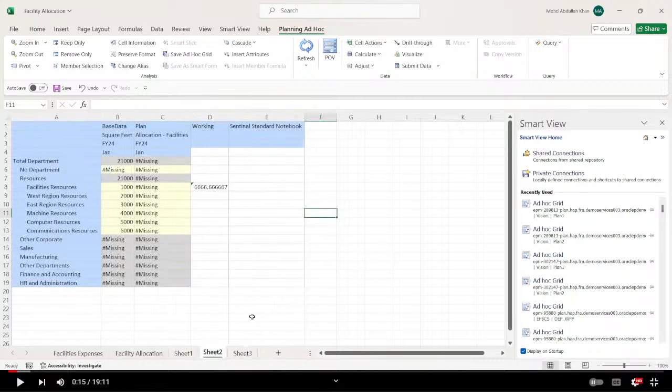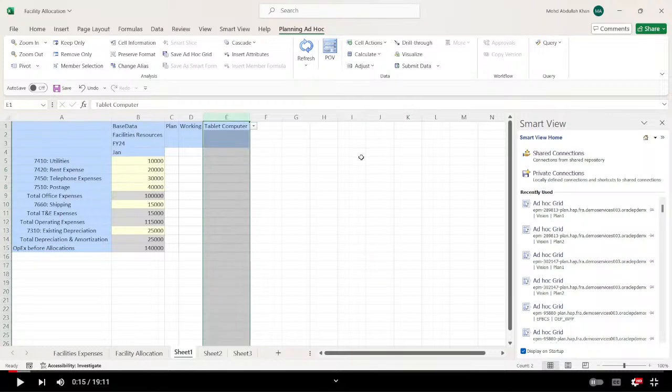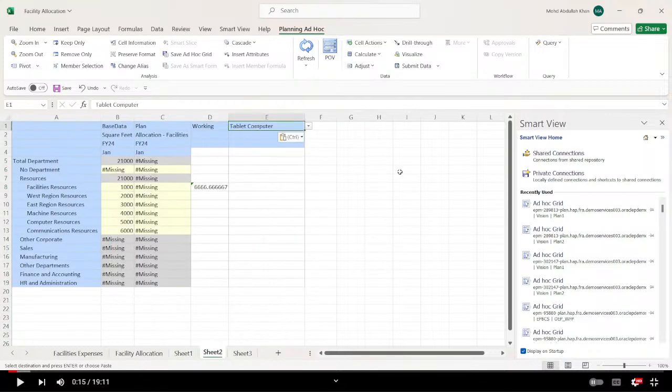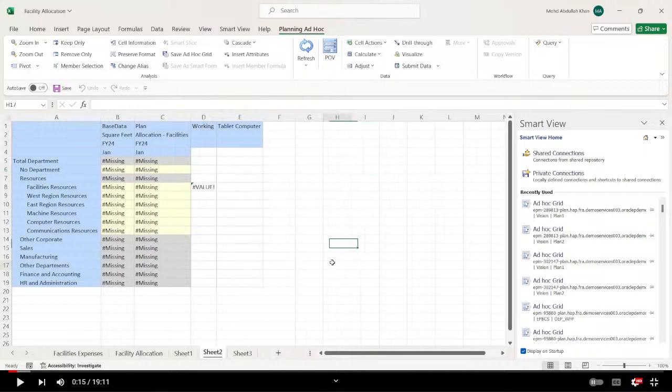Now let's move on to our output sheet. We are working with tablet computer. Let's copy this and move on to our output sheet and refresh. Now if I give the square feet, that is 1000, 2000, 3000, 4000, 5000, and 6000 square feet.